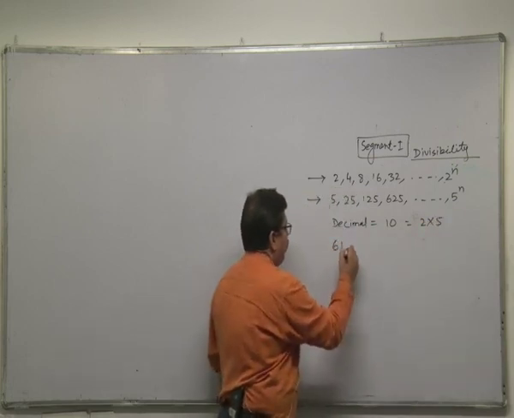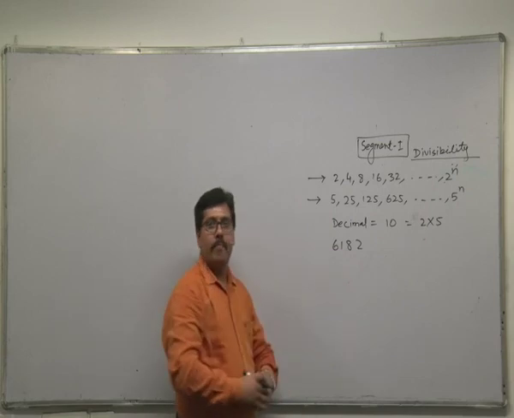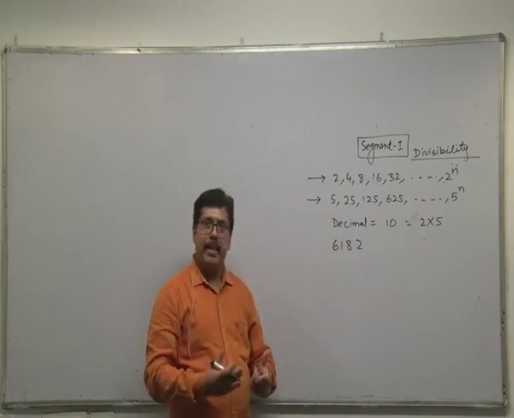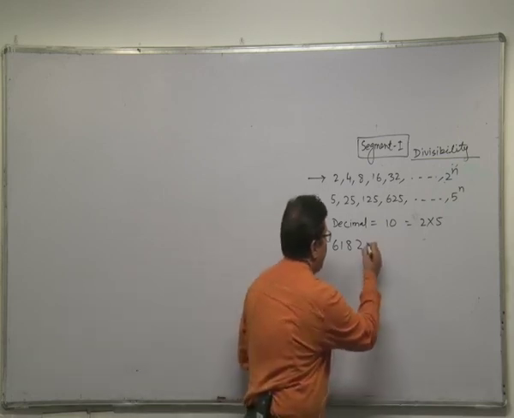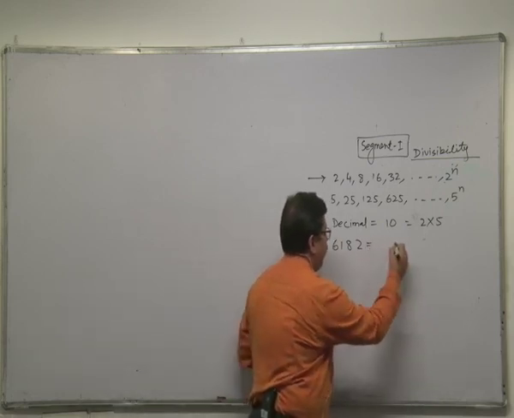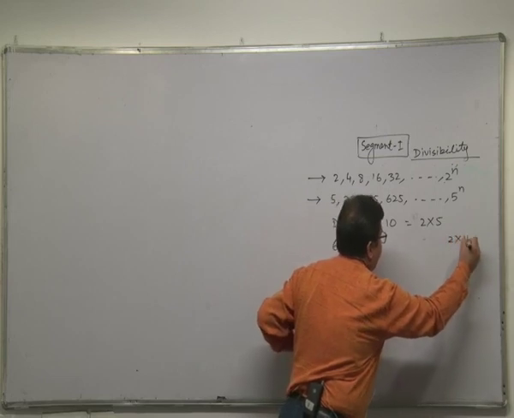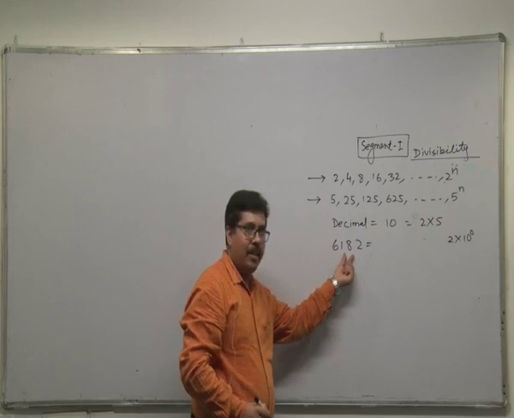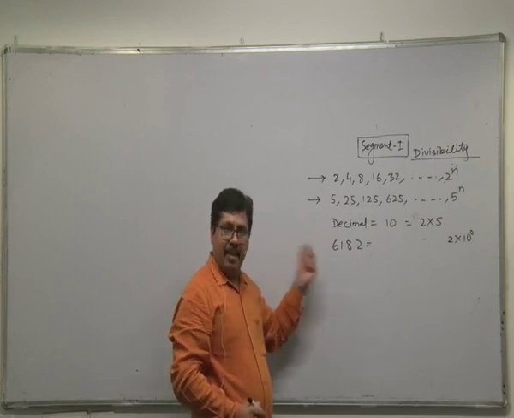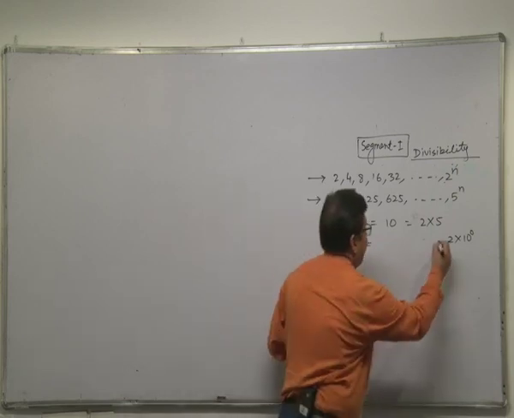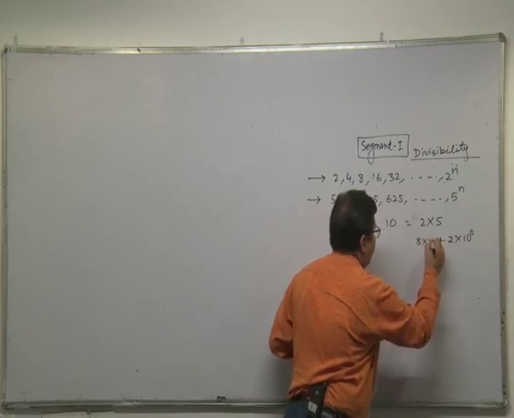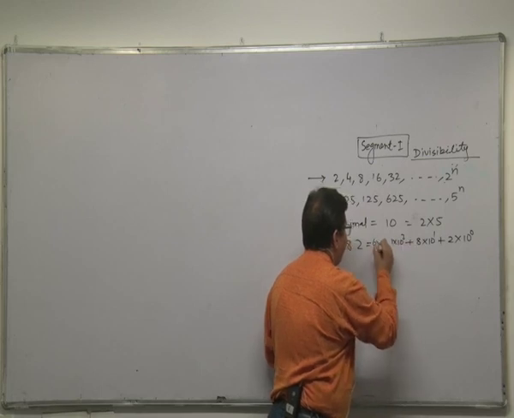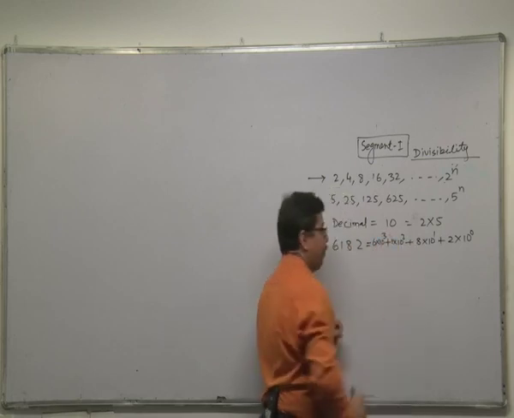If I write the number like 6182, try to expand this number in base 10. This number can be written as 2 into 10 raised to the power 0, because this is the unit place, then 10s place, 100s place, and 1000s place. 2 into 10 raised to the power 0, 8 into 10 raised to the power 1, 1 into 10 raised to the power 2, and 6 into 10 raised to the power 3.